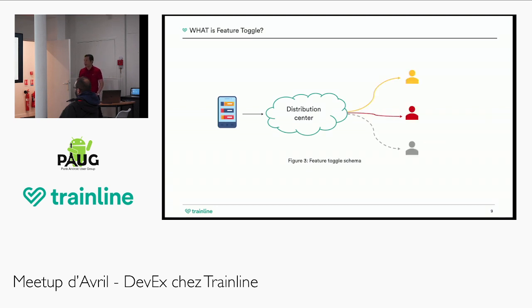The third category is this: as you saw previously, all the users in the previous categories experience the same things at the same moment. Either they don't see the features, or they see the features, or they see a button in yellow or in red, or they don't see it.